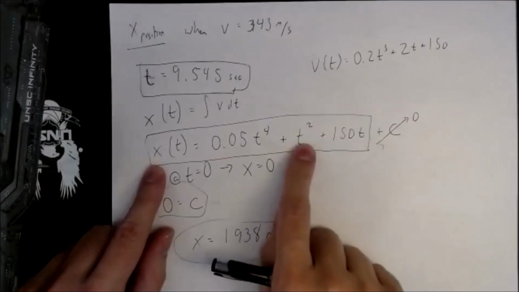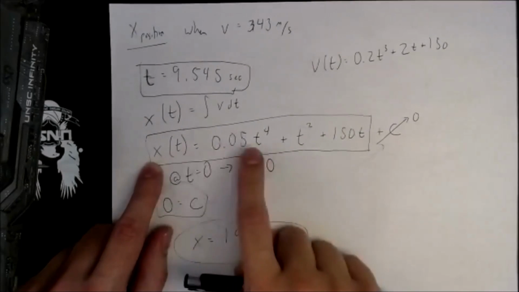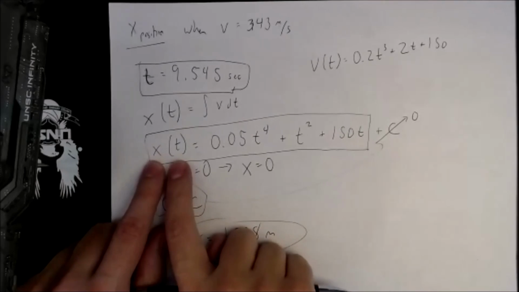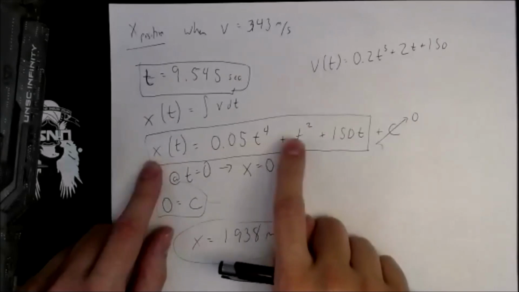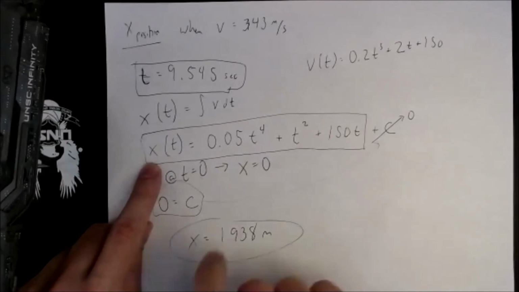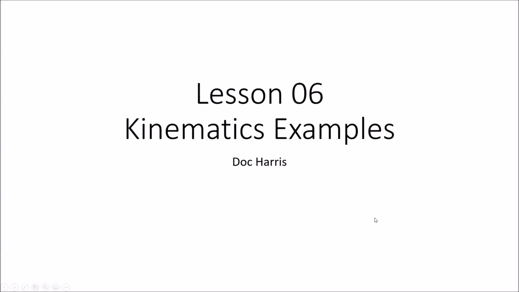If I plugged in 1, that would tell me the position of the object when t equals 1 second. If I plugged in 10, that would be the position when t equals 10 seconds. If I plug in 9.545 for t, that tells me the position at time 9.545 seconds. All right, let's start talking about some more kinematics problems, some more examples.